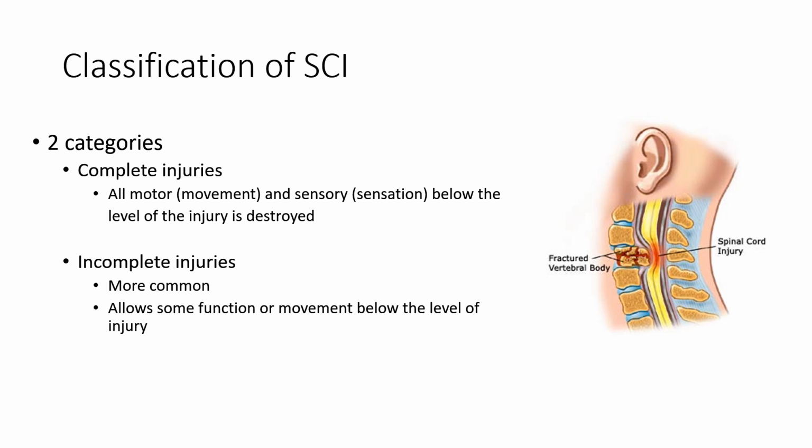And the deficit seen with each of these types of injuries varies according to the level and type of injury. You may have heard of Brown-Séquard syndrome, or an anterior cord injury, or a central cord injury, or a posterior cord injury. These are all examples of incomplete injuries where the patient may have sensation or movement or bits and pieces below the injury level.